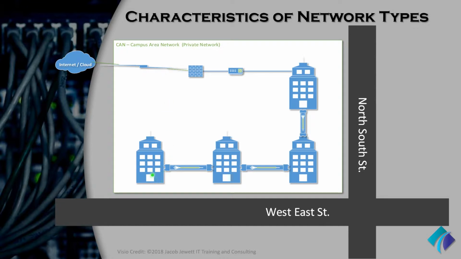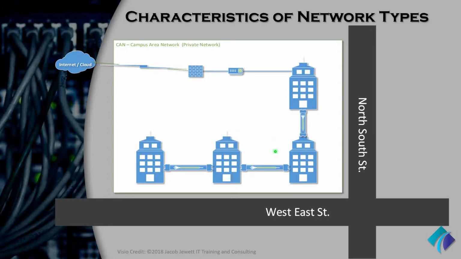Now, the important thing to understand about a campus area network or a corporate area network is you need to understand that these will exist in one plot of land, okay? So if you see here, I've got a north-south street and a west-east street, and it's on a corner of a street, right? So I assume that if there's another street up here, maybe this company is taking a block and they have multiple buildings in that block.